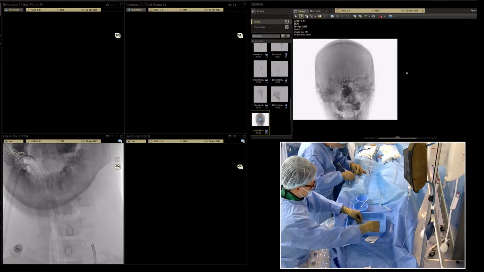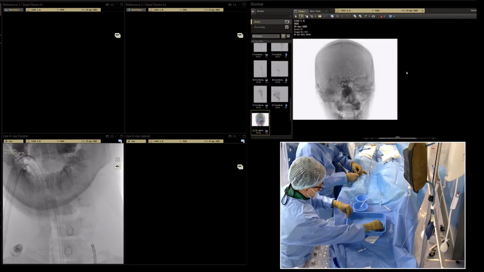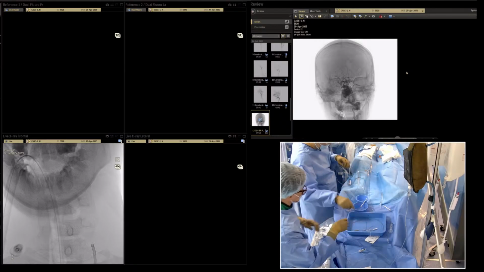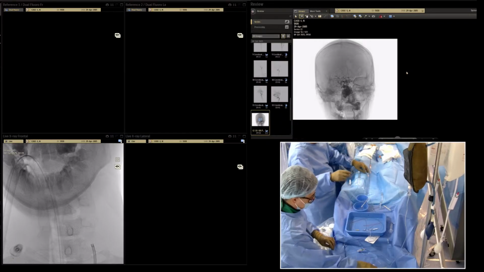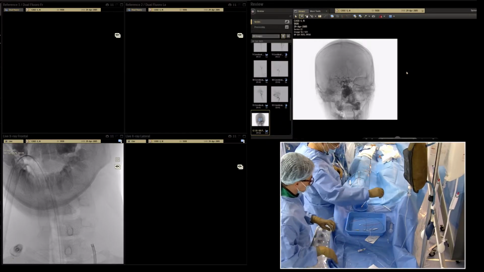And now they also put tickets for the cases, and I think it's not so good for patient care.